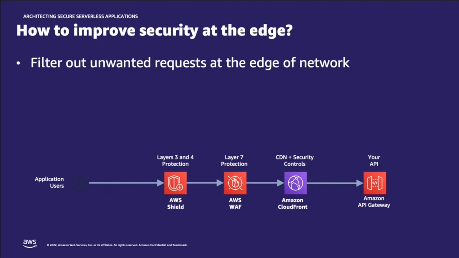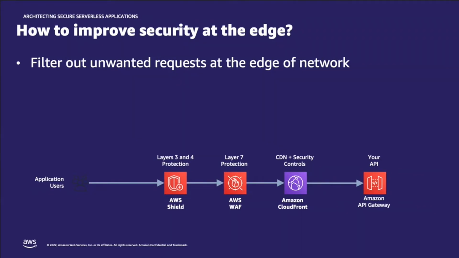So basically, you can use those services that I mentioned to add an additional protection layer for the common network layers like layers 3 and 4, networking and transport, layer 7, which is the application, and on top of that you can combine a CDN with some additional security controls leveraging Amazon CloudFront. So you can leverage some of the out-of-the-box AWS WAF rules, or you can build your custom rules for sure, or you can subscribe to rule groups in AWS Marketplace.